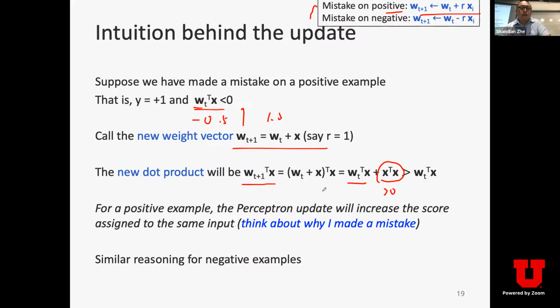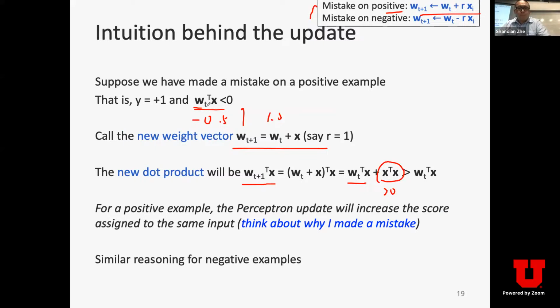So you can see that the new score actually got increased over the old score. That means it tries to improve the classifier. Because the old score is below 0, it's too small, which makes it incorrect. So I add some positive value to the old score to get a new score, so it has a better chance to get above 0 and correct our mistake. That's the idea.